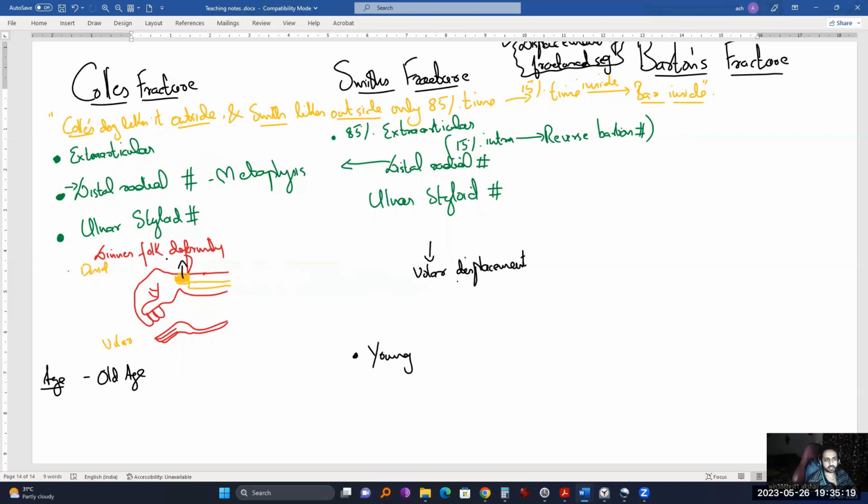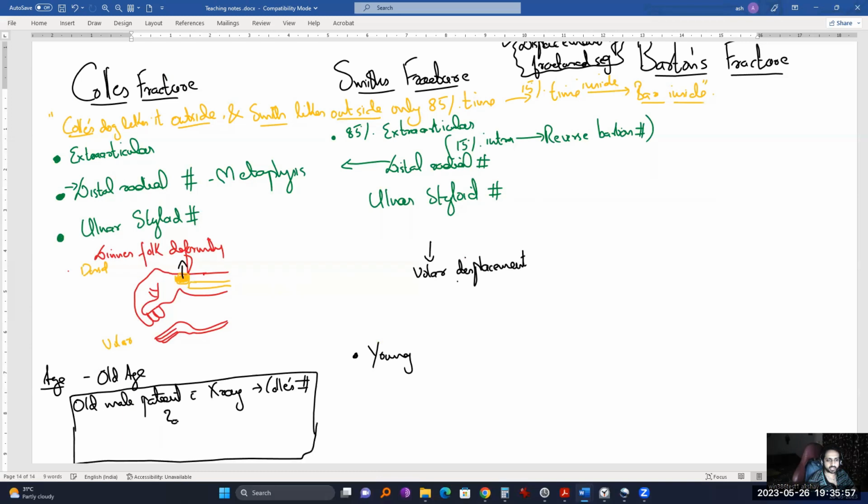And so one important question is, if an old patient, old male patient, with an X-ray showing Colles fracture comes, what is the next investigation to do?